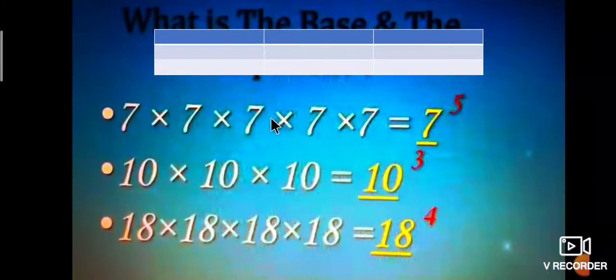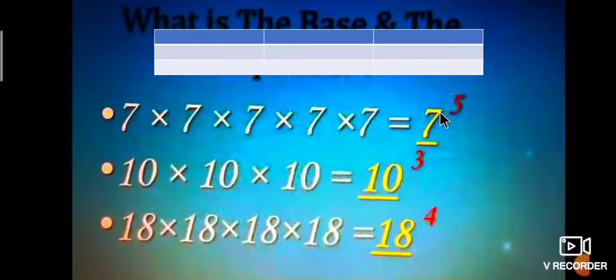Next, we observe what the base and the exponent are. For example, 7 into 7 into 7 into 7 into 7 is equal to 7 to the power of 5.